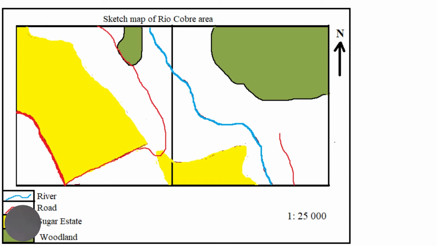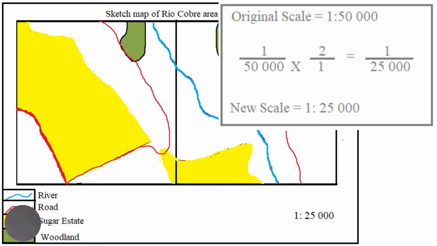Now, notice that this time the scale has been changed to 1 to 25,000. Again, we had to carry out a little calculation. Since the original scale is 1 to 50,000, we are doubling this.